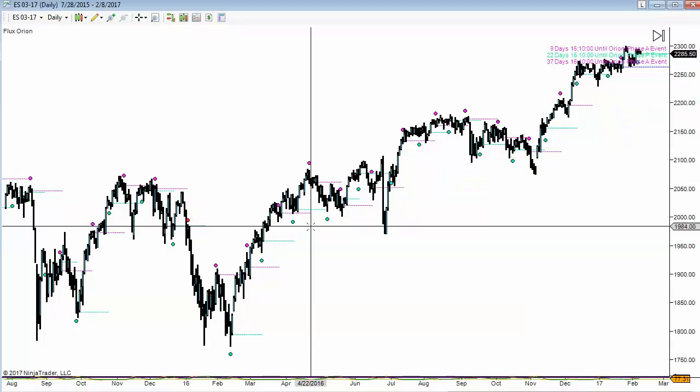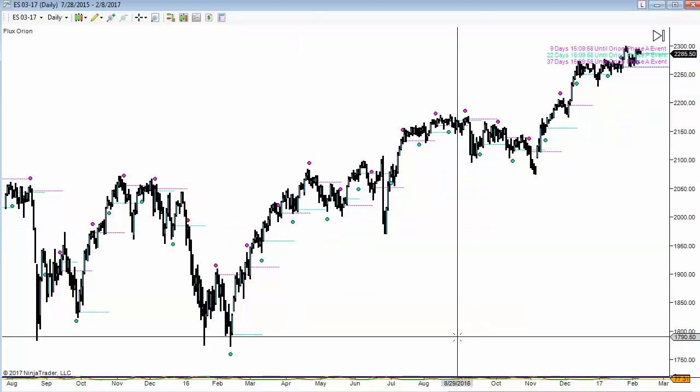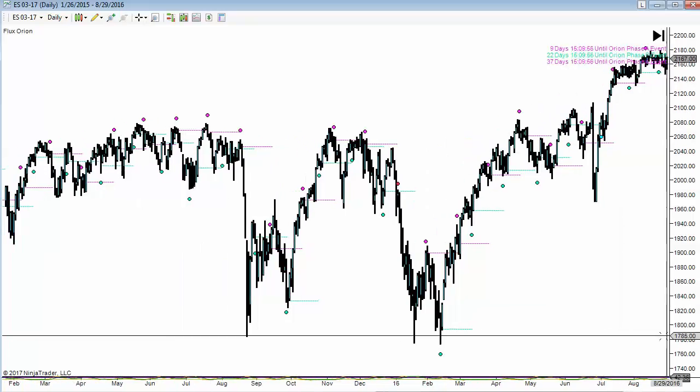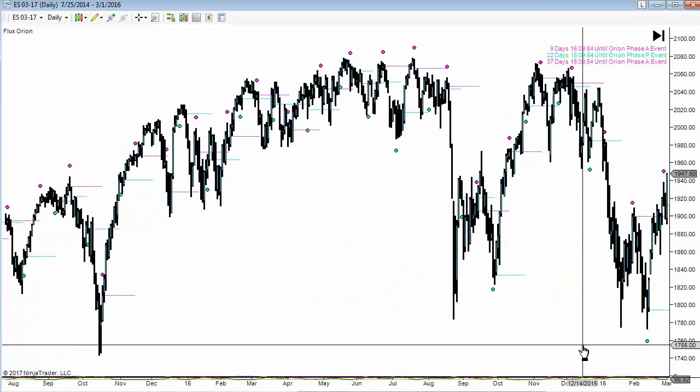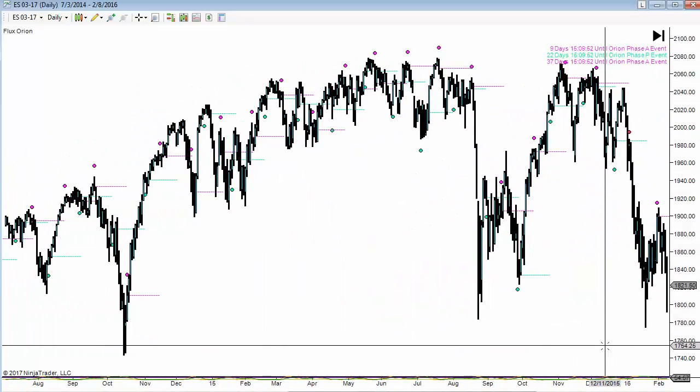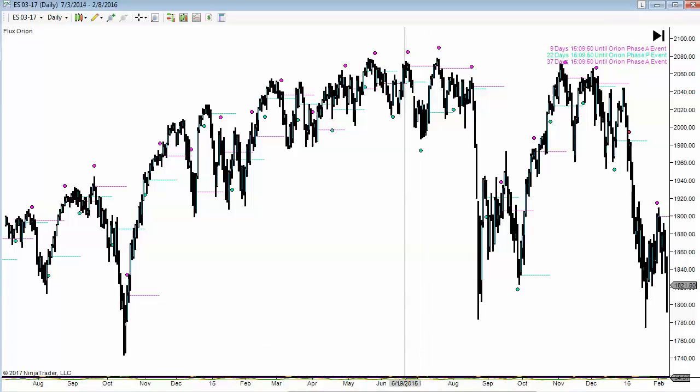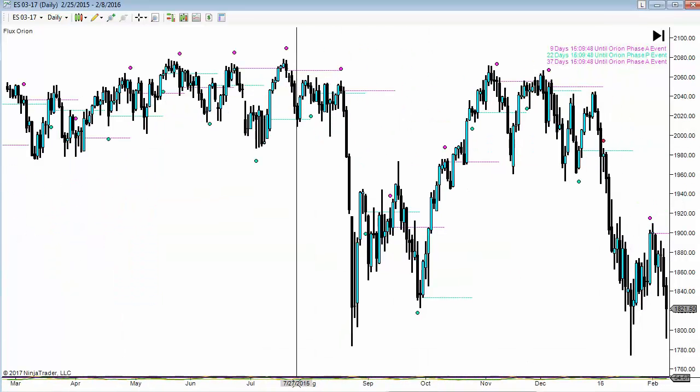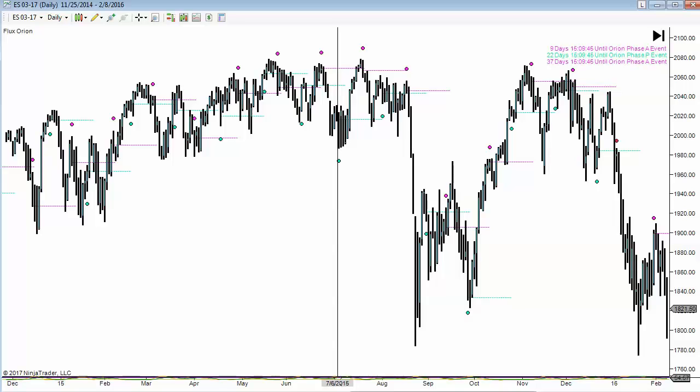If I take the moving average off, when Rockefeller said billionaires trade astrology, not millionaires, this is astrology. This is what he was referring to.